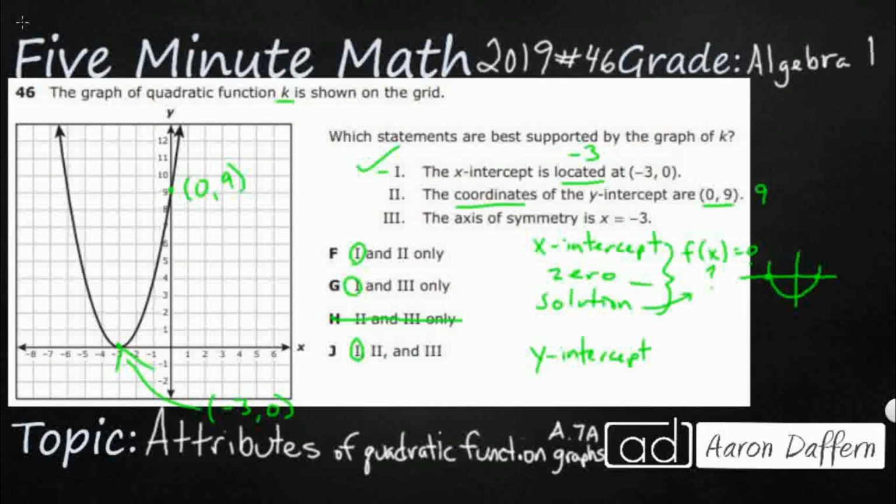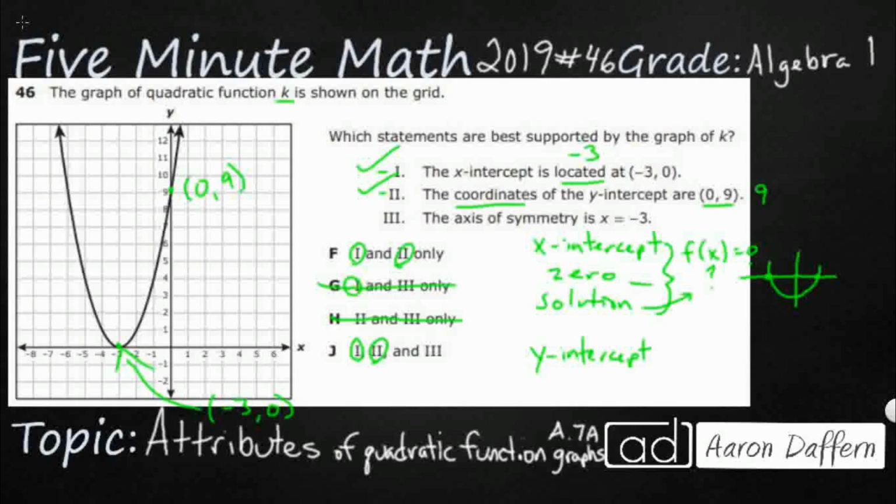Simply because we know that the x value of a y-intercept has to be 0 since it's crossing the axis there. And the x-intercept has to have a y value of 0 since it's crossing the axis there as well. So 2 is correct. So we can get rid of g. So we've got two choices. It's either f or j.